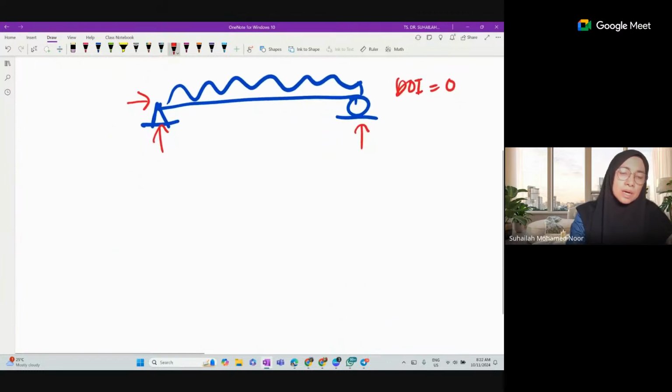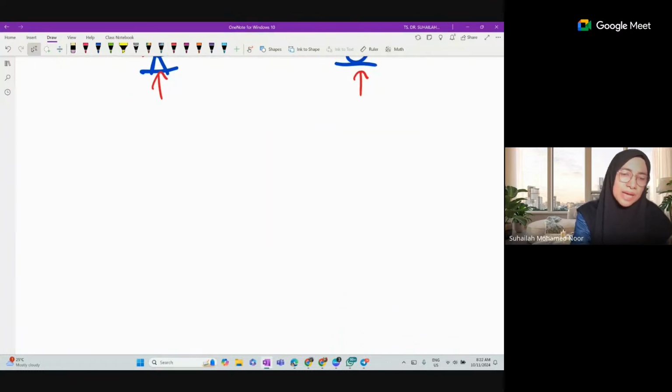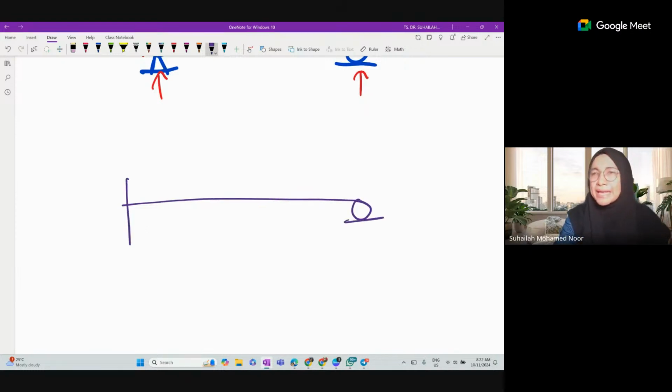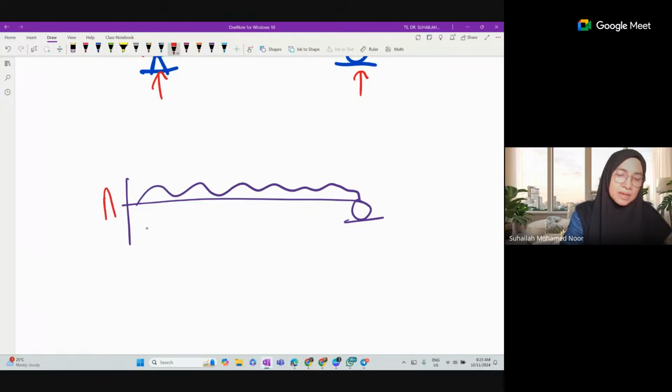Now, in an indeterminate structure we have more supports. Let's say we have the same beam, but I add another support at B. Let's say this is A, this is B. 10 kilonewton per meter, this is 10 meter.